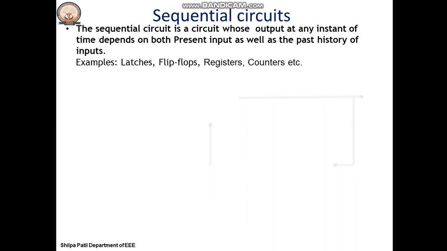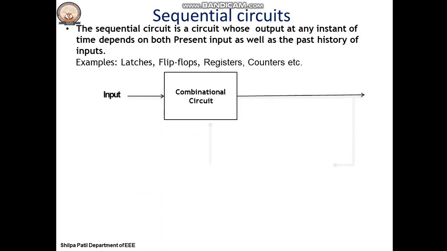So the block diagram of a sequential circuit is obtained from the block diagram of a combinational circuit itself. First, we'll just draw the block diagram of a combinational circuit where you give an input and, based on your present input, you get an output. Here, the sequential circuit also depends upon the past history, so I need memory elements to store the past history.